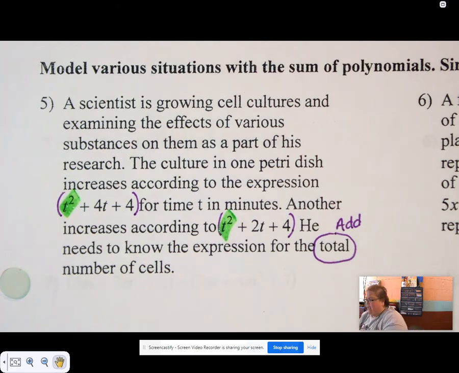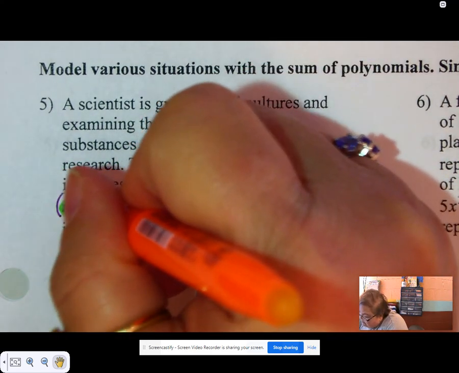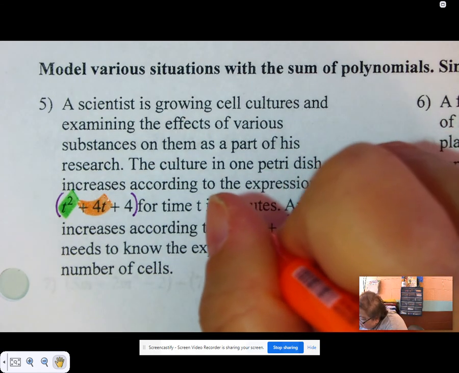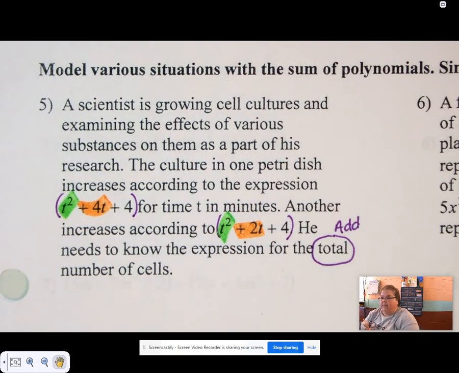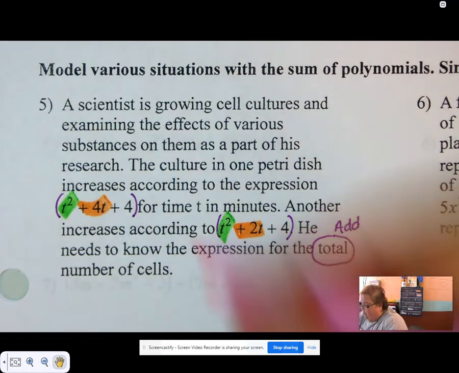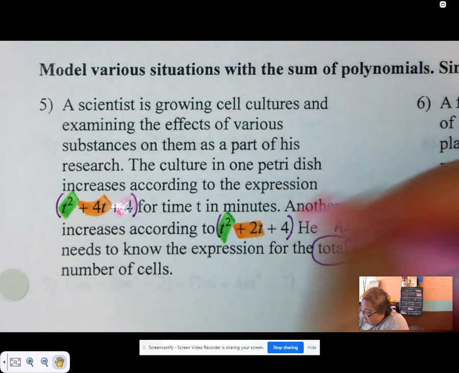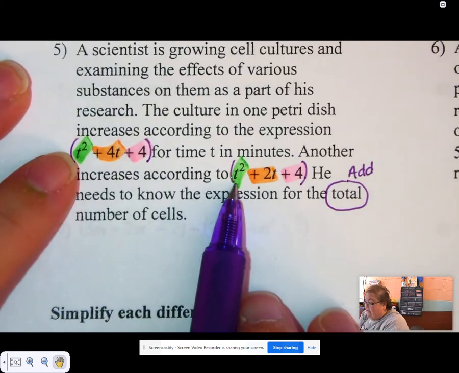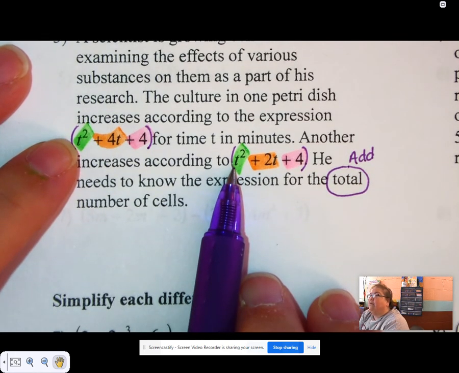And then I've got a positive 4t, and its like term is positive 2t. And finally, I have the constant of 4 and another constant of 4. And from here, I can just get my final answer. I don't need to rewrite the problem. What is t squared plus t squared?